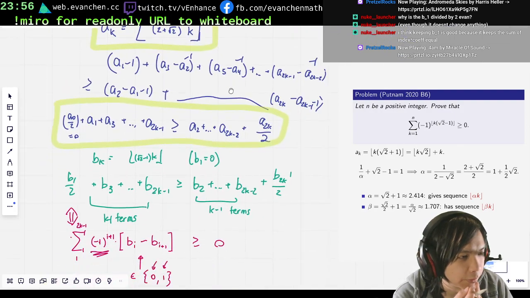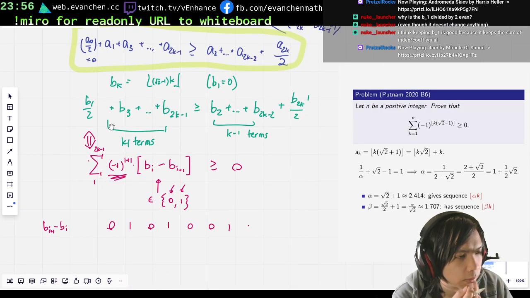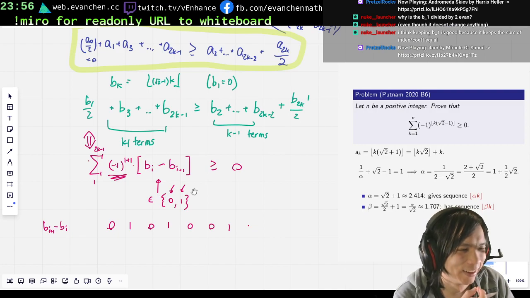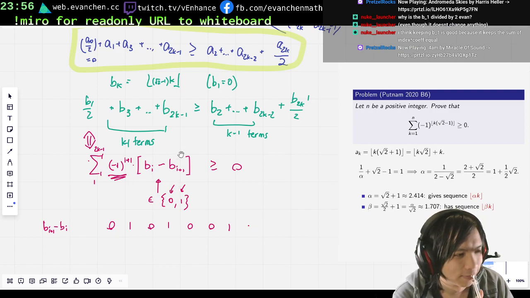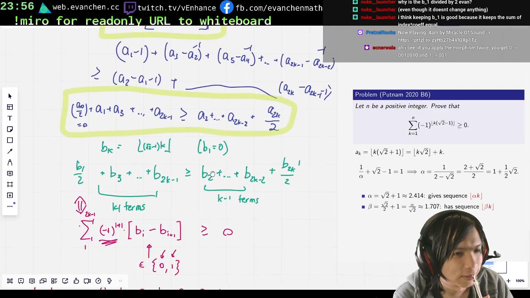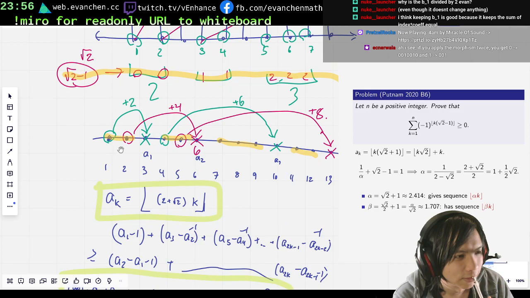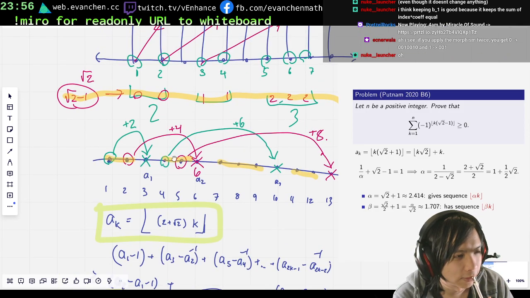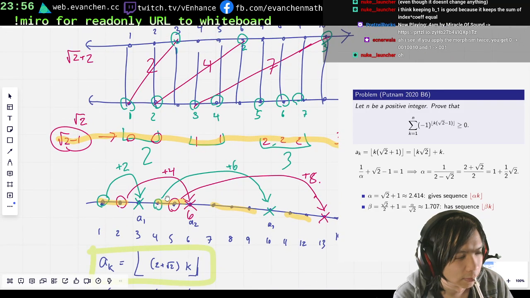Sum of index times coefficient equal. Well, I'm doing this, so. Yeah, this sequence that we have here, I don't know what I call this.